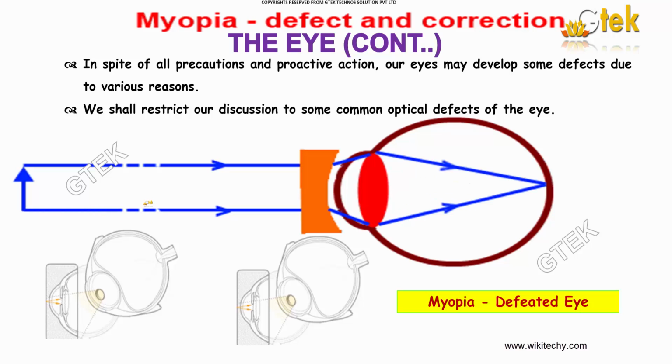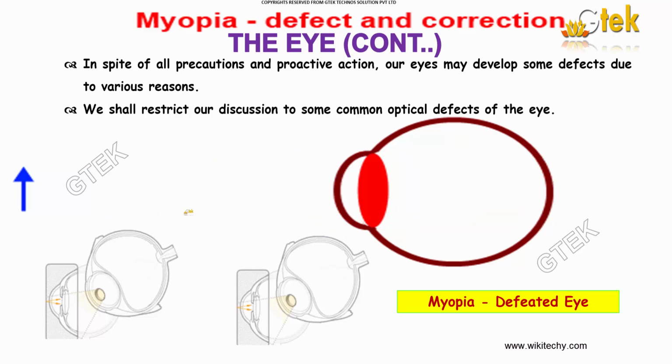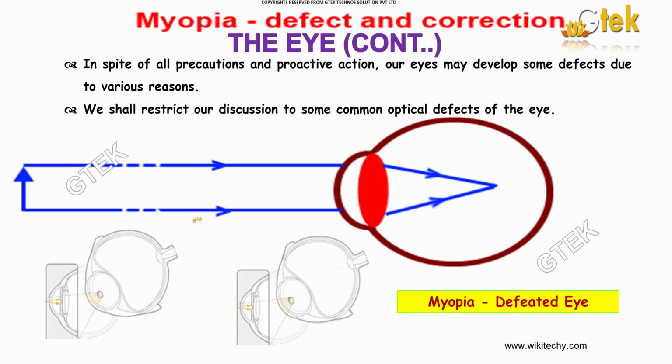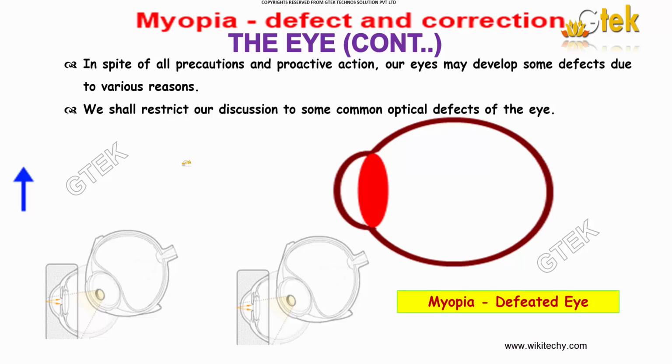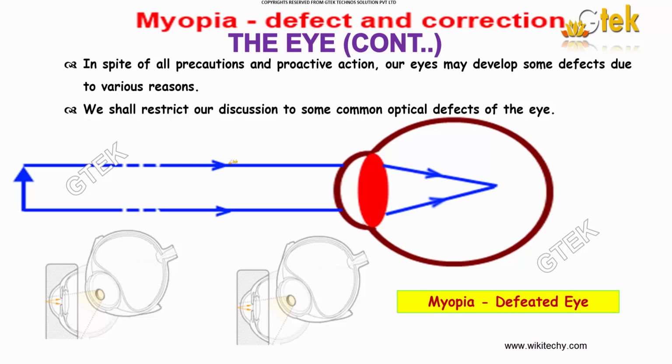So this is about myopia, which is a defect of the eye, and its correction. In spite of all precautions and proactive actions, our eyes may develop some defects due to various reasons. We shall restrict our discussion to some common optical devices in order to find out the optical defects of the eye.